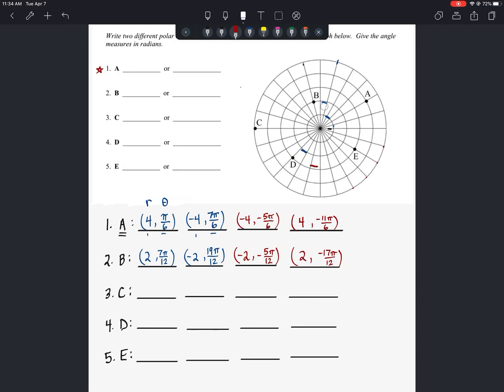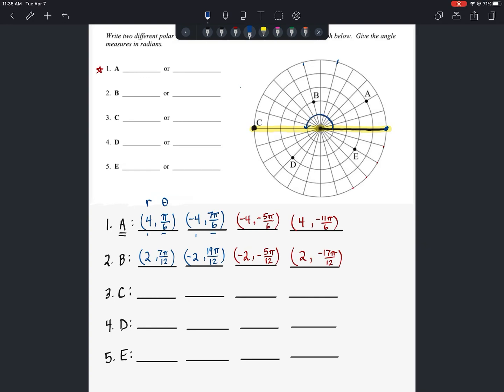All right, so we're going to look at number 3, which was point C. Point C is way over here on the left side. So if we're starting at 0 here, and this opens up and goes all the way over here, I'll look at it as a rotation starting at 0 and opening up in the positive direction, halfway around the circle.